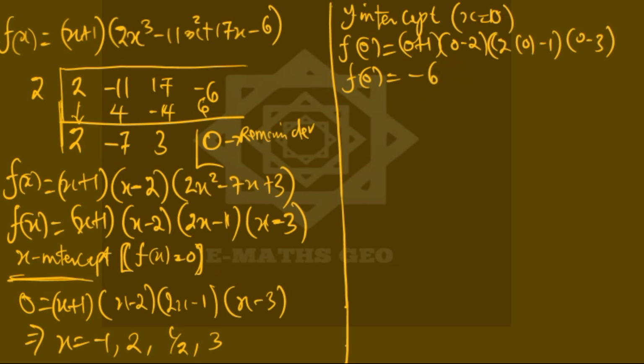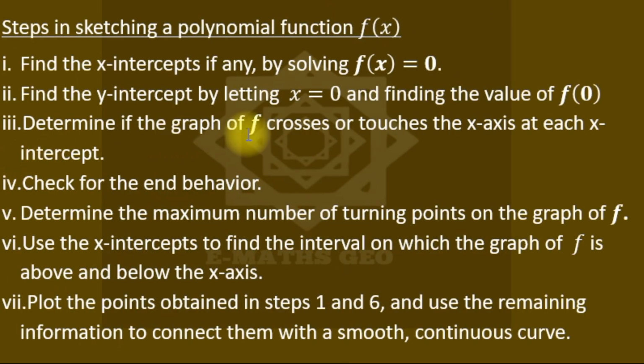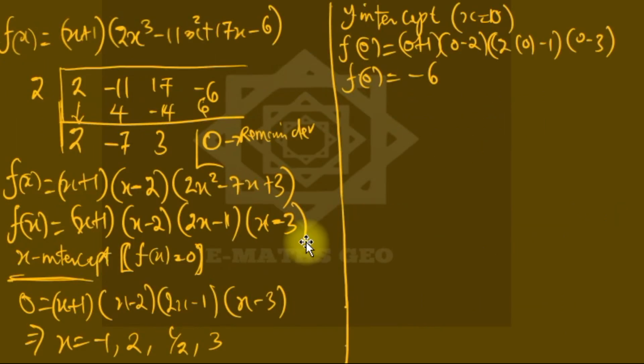The next step is to determine if the graph of f crosses or touches the x-axis at each intercept. How do you know? Here's what we call multiplicity. Multiplicity is the power. If you look at the polynomial function, you see that the powers are all 1, they are odd.